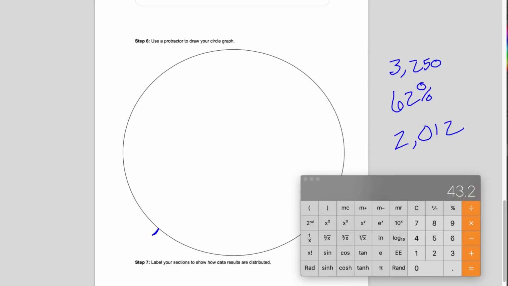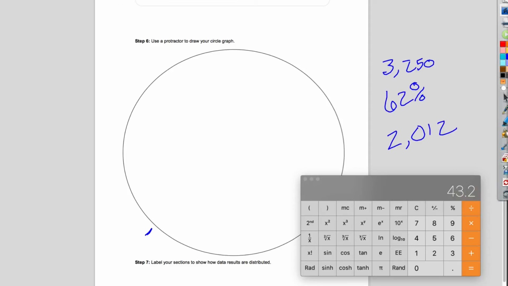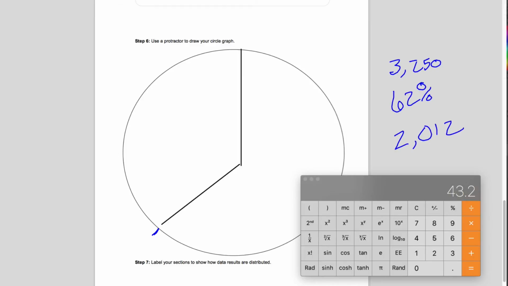And then I draw my lines. I have a line that goes straight down to about the center. That's where I started measuring. And then here I draw a line straight over to my mark, somewhere in there. And what gets shaded in?